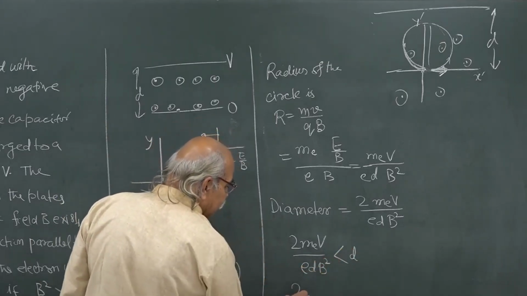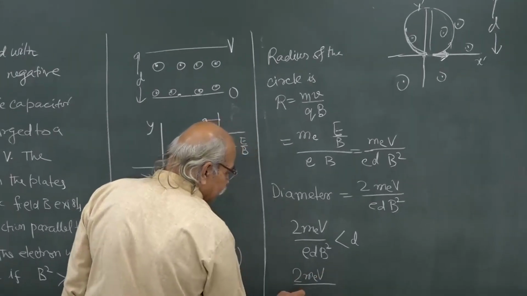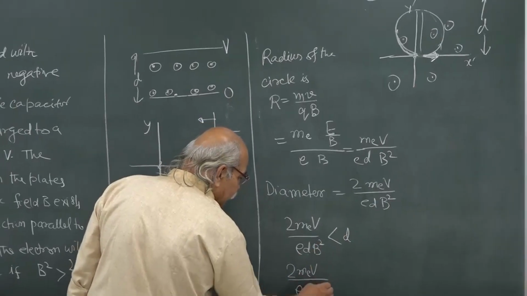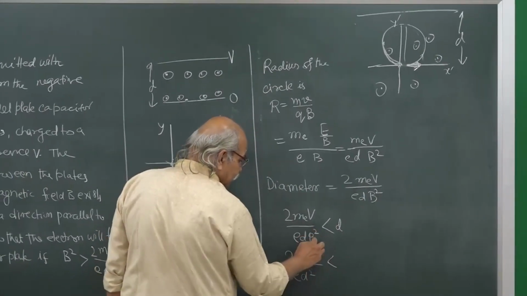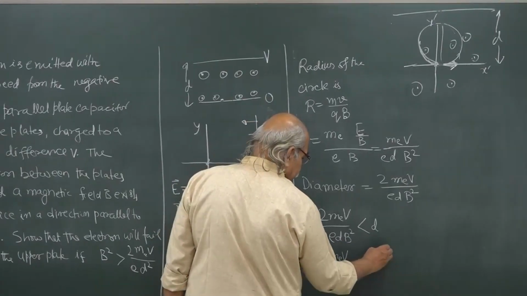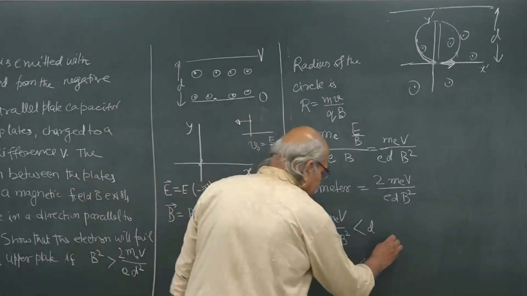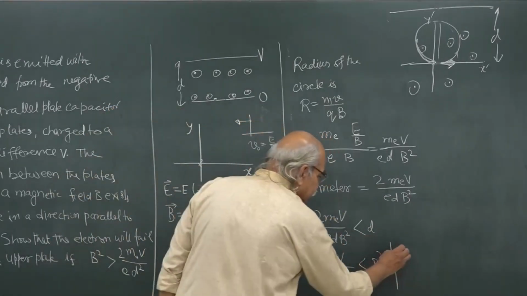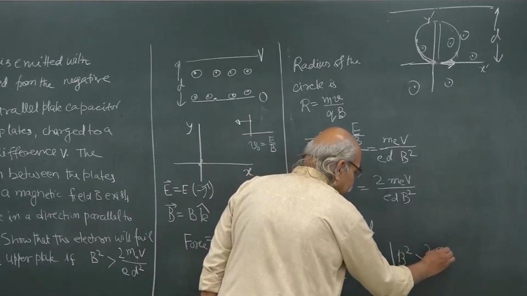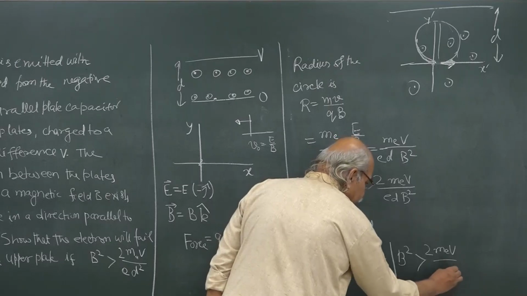So it tells me that 2mev divided by ed comes here, and this B squared will go there. This is the condition, and you can write it the other way also: B squared is greater than 2mev by ed squared.